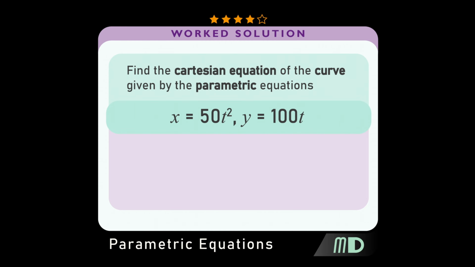Cartesian and parametric equations are two different ways of describing a curve in a coordinate system. A Cartesian equation defines a curve by establishing a direct relationship between x and y coordinates, and is the more familiar equation of a curve.